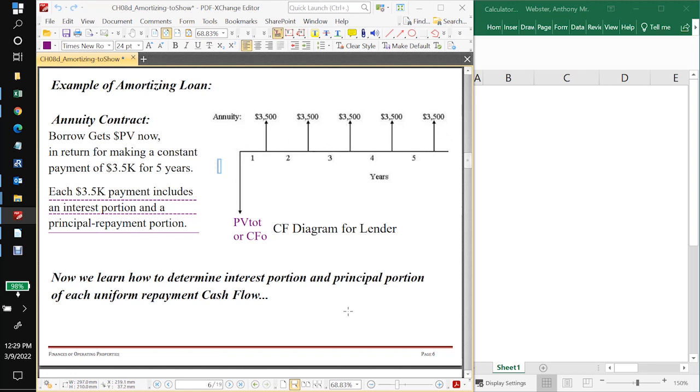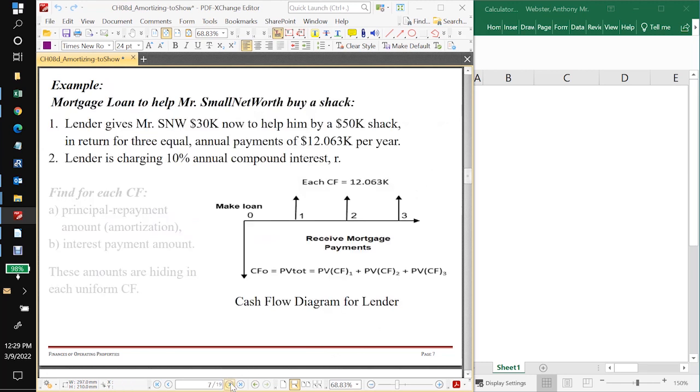So what we'd like to do now is to determine how to extract the interest portion of this payment and the principal repayment portion, or the amortization portion of this repayment, and then be able to do it for this one and this one and this one and this one, to be able to do it for all of them. So that's what's coming up on the next slide.